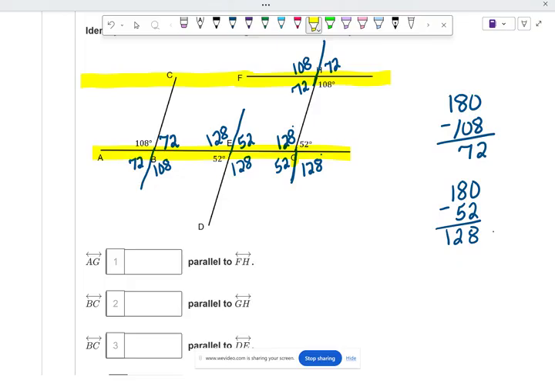But y'all, there are no angle measures up here to match with these. So that's not working out so much for us. Let's get rid of that. We're going to put that line AG is not parallel to line FH.